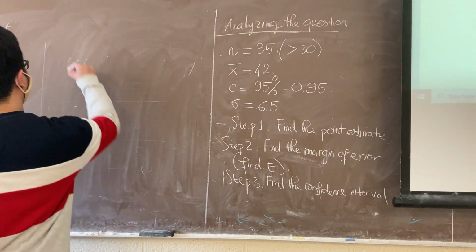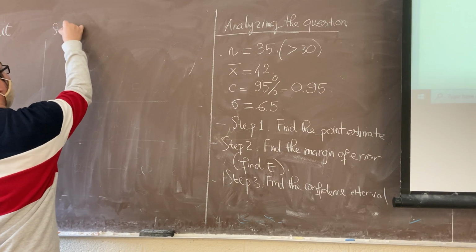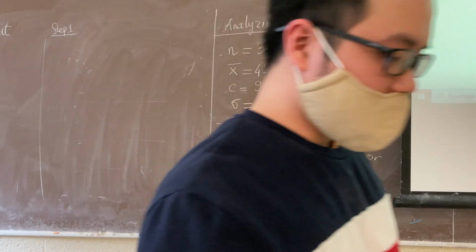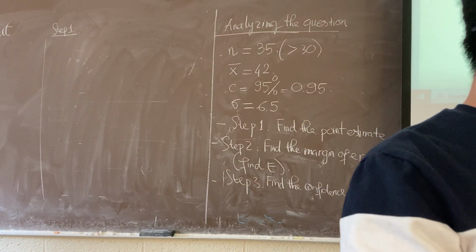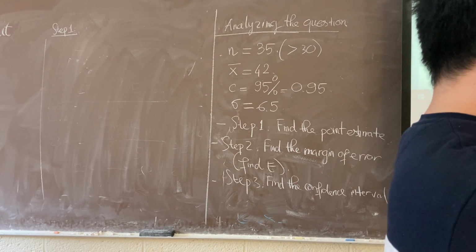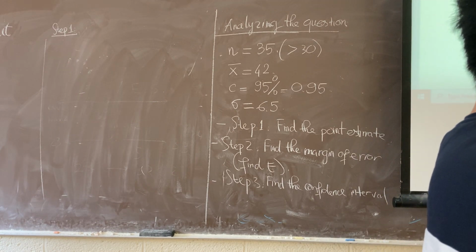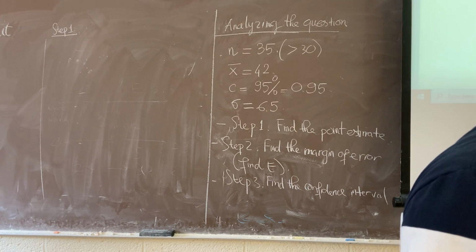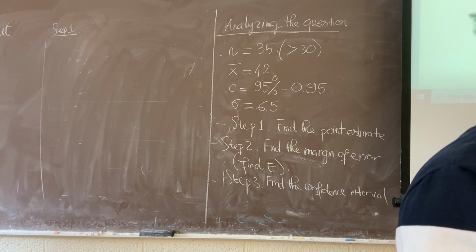Okay, so now we will do it step by step. Step 1, find the point estimate. You can look at what we learned in section 2A here. If the 3 conditions are satisfied, what will we get? We get that the point estimate for the population mean is the sample mean.